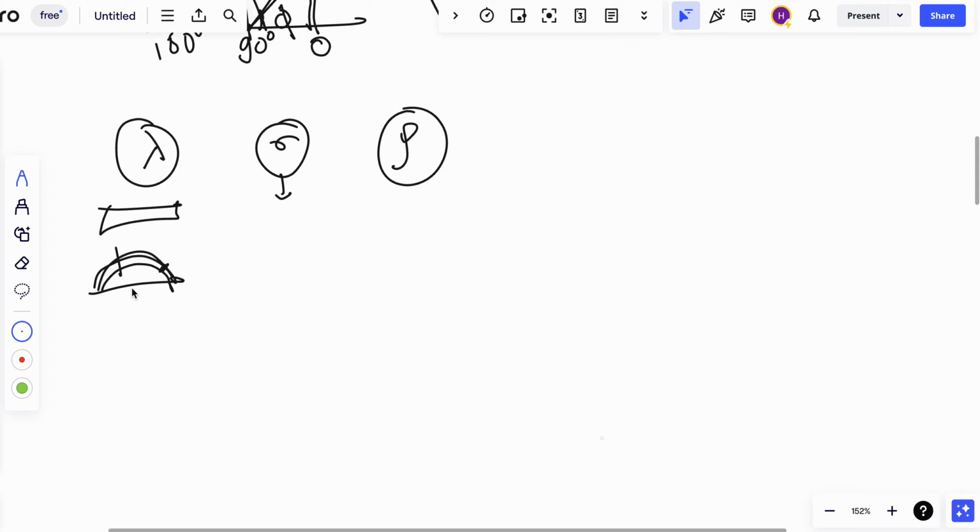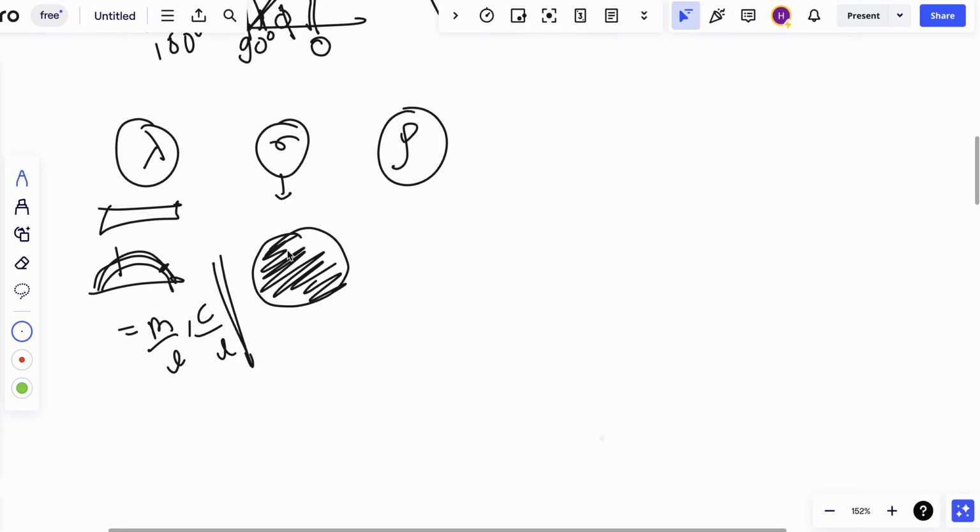Sigma is mass per unit area or charge per unit area. Sigma generally comes in cases of a disk. With a disk, you won't be able to take length, right? You have to take the area here in all these cases. So sigma is equal to mass per unit area, charge per unit area. In all such cases, wherever you have to travel as an area, sigma will come into the picture.